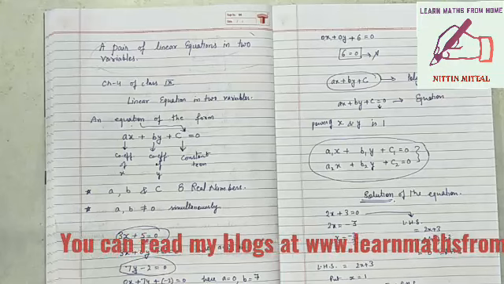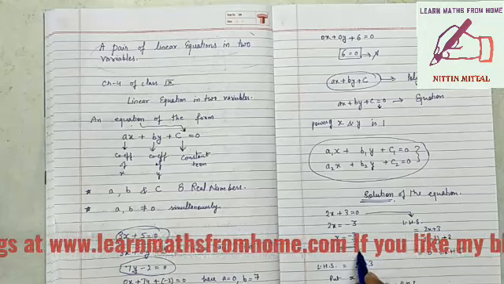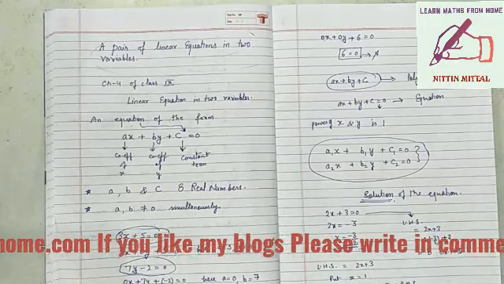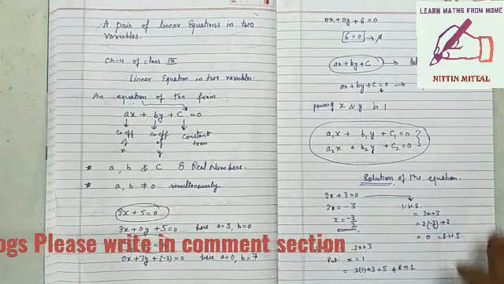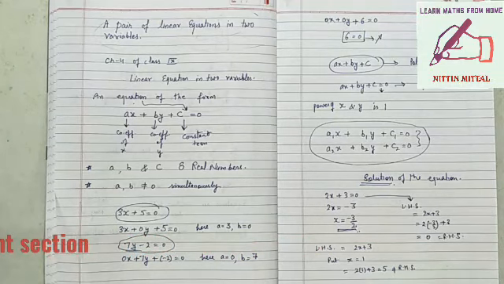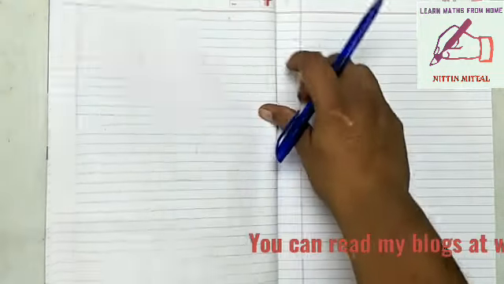So the solution of the equation is the value of the variable by using which the left hand side of the equation will be equal to the right hand side of the equation, right? So this is what we mean by solution of the equation.